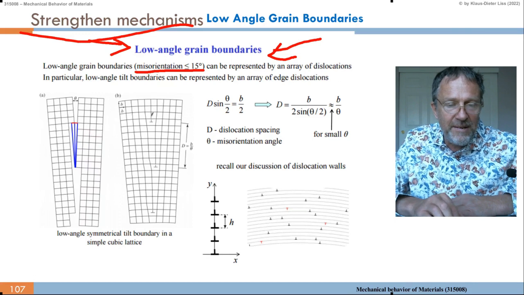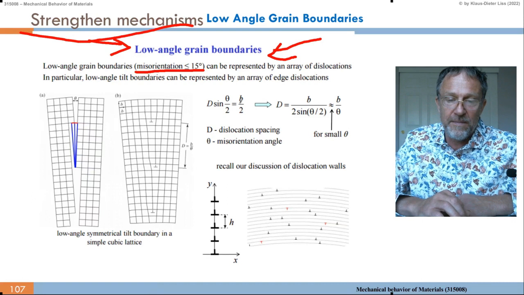This is the grain boundary, which can be modeled like this. You put one edge here, next edge here, next edge there, and then in the far field you get the inclined crystal lattices. And again, you can work it out.